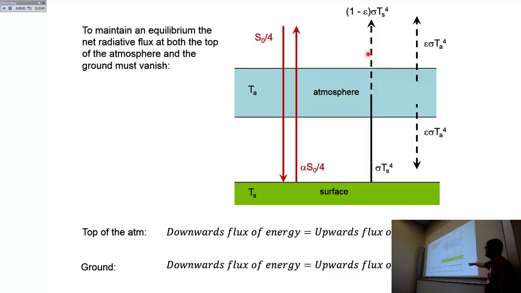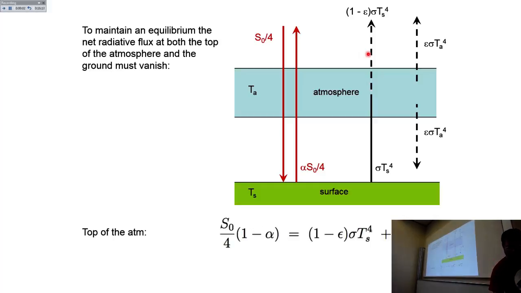At the top of the atmosphere, we're looking at the downwards flux of energy equaling the upwards flux of energy, and at the bottom of the atmosphere doing the same thing. At the top of the atmosphere, the downwards flux is essentially this term, because we've got the incoming minus the outgoing, and that is equal to this term here. So we're just balancing those in and out terms.